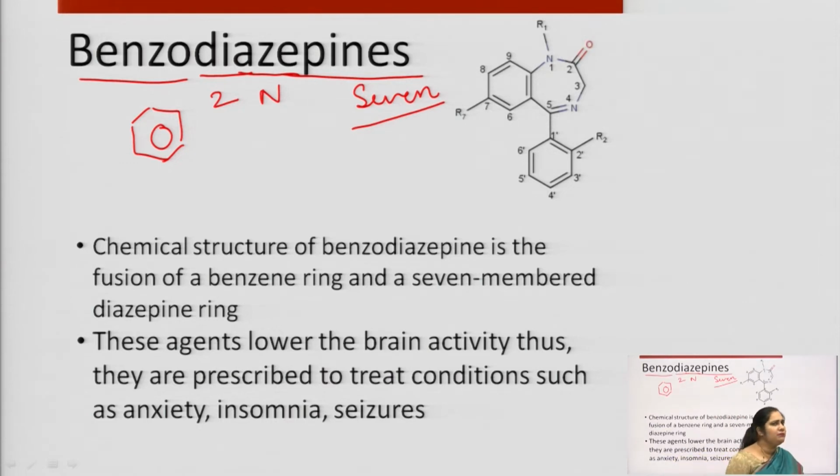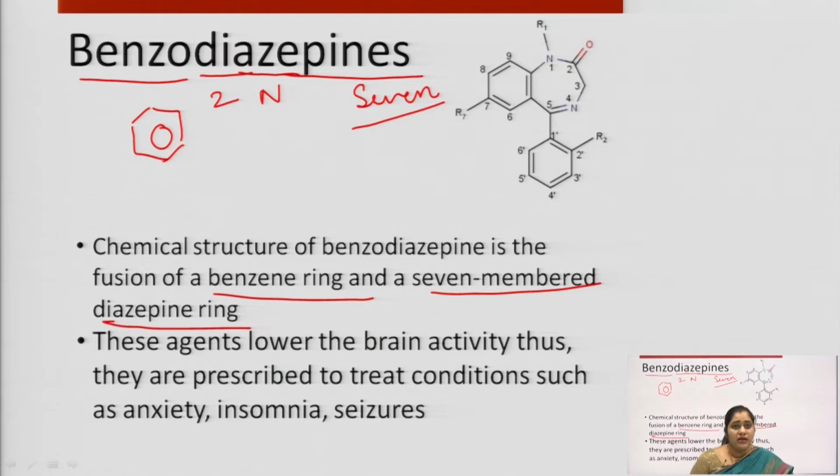So, we have clues that it must contain a benzene ring and 2 nitrogen atoms in a 7-membered ring. Chemically, benzodiazepine is a fusion of a benzene ring and a 7-membered diazepine ring, which contains 2 nitrogen atoms.